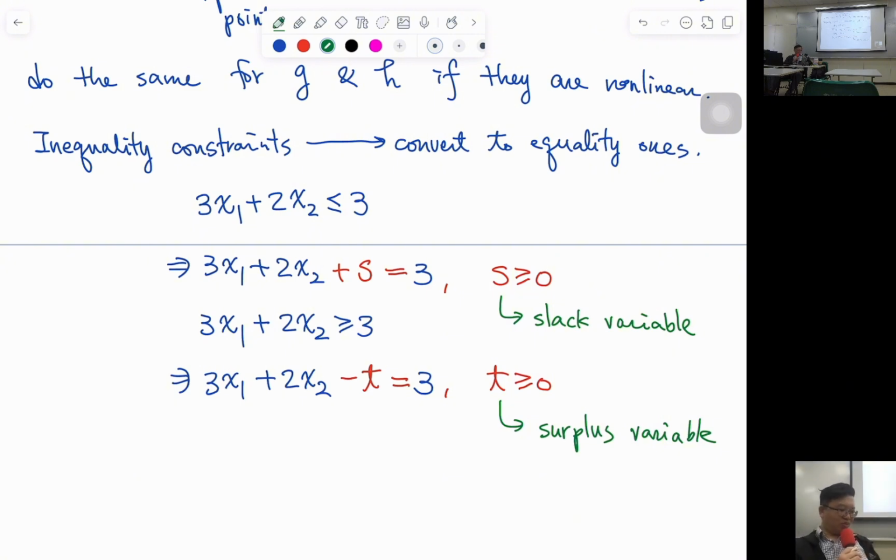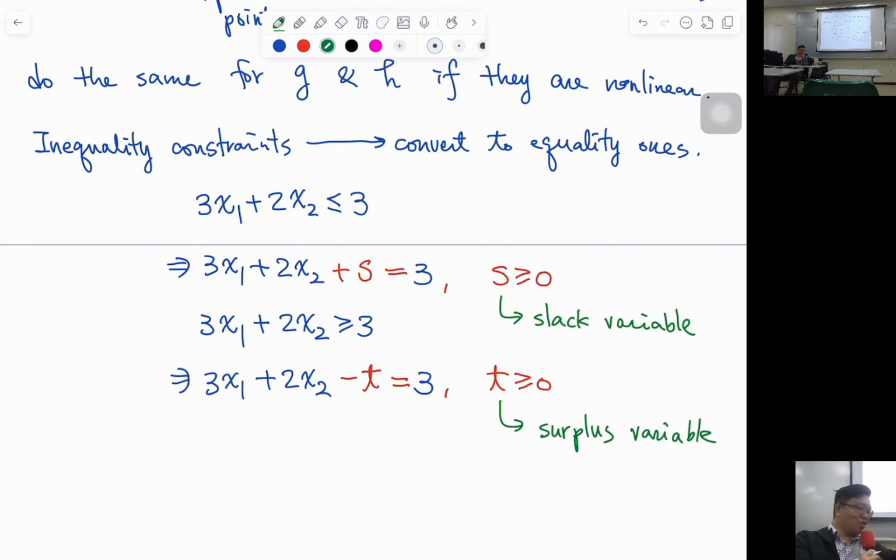What's a surplus variable? When I first learned about this, I had no idea about the meaning of slack. So I translated it to Chinese. I still don't understand why it's called slack. It's actually about relaxation of the function. So don't worry too much about the name.